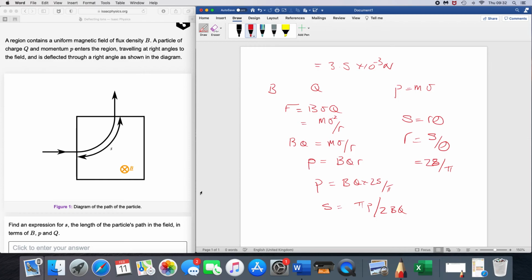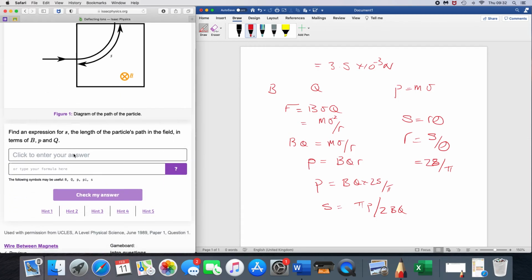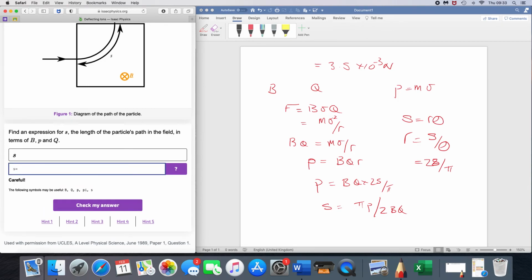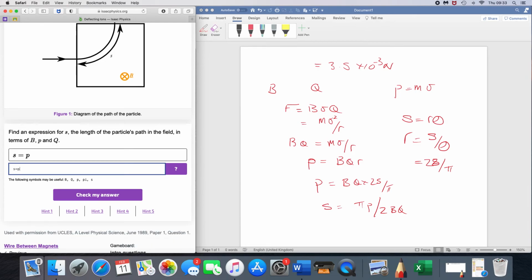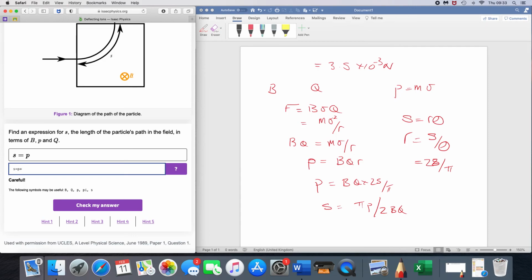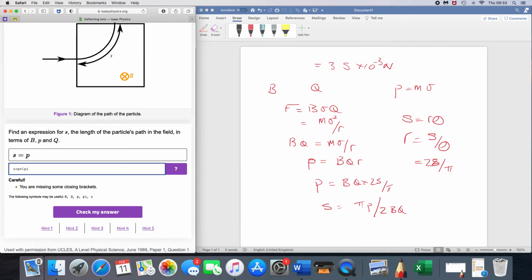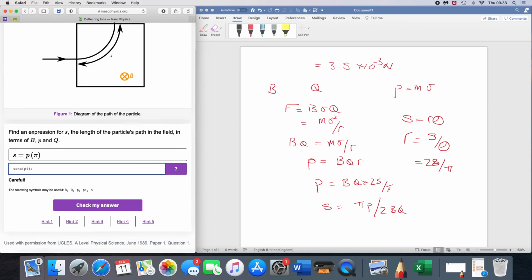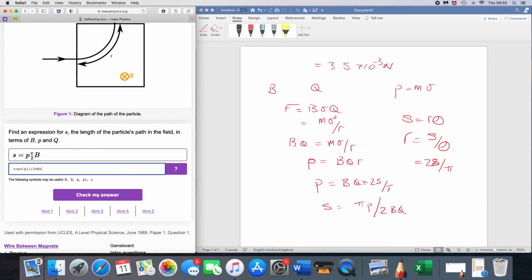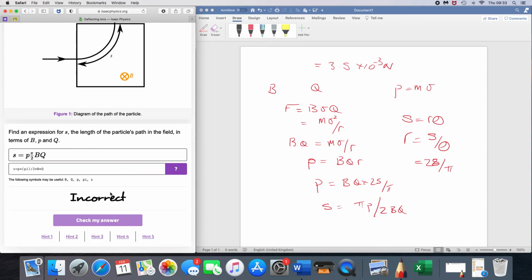And if we put that in here, we'd have S equals P times pi divided by 2 times B times Q. It is correct.